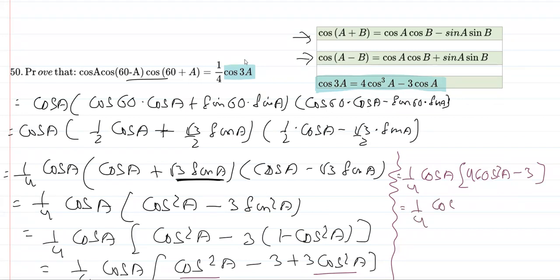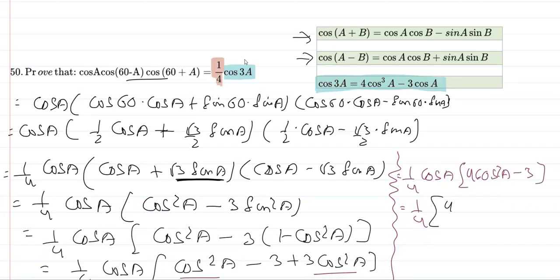Now, finally, if I open the bracket, what we'll get? Cos A into 4 times cos square A. Let's not indulge this outside 4. As you can see clearly, this 1/4 is part of our RHS, so do not indulge this with the remaining part. So let's first place a bracket.